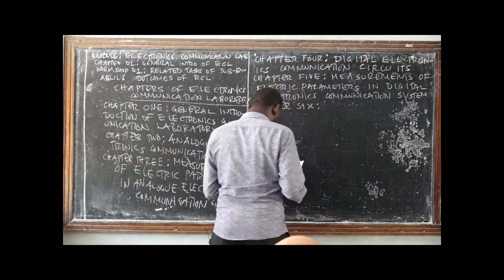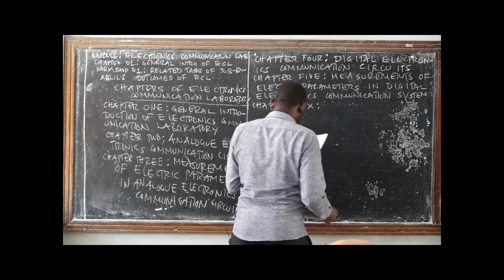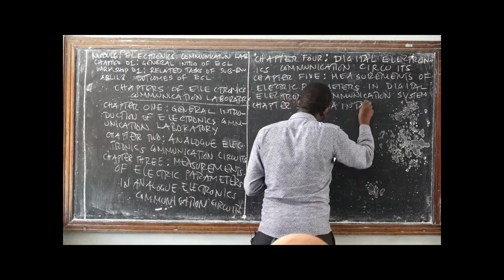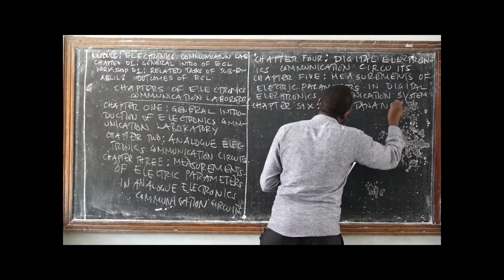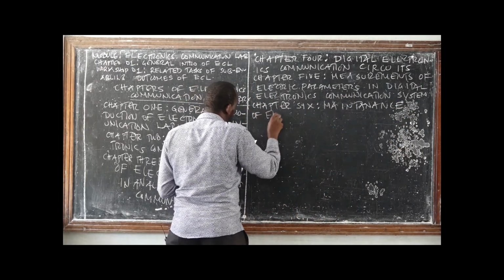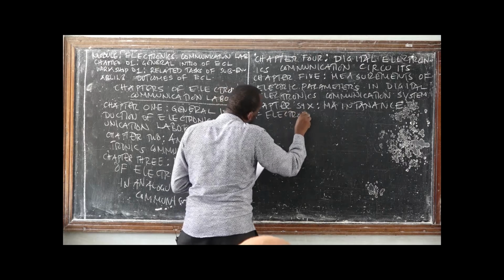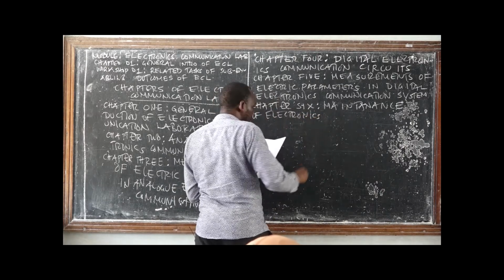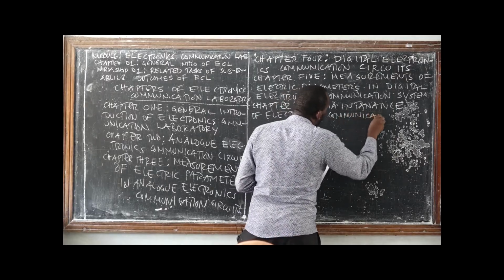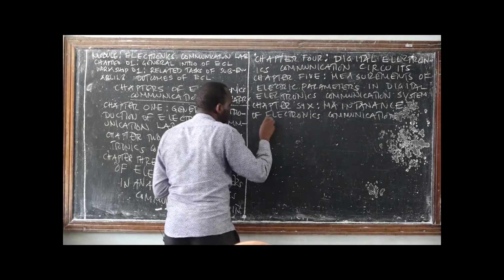So chapter 6 is maintenance. Maintenance of electronics communication system.